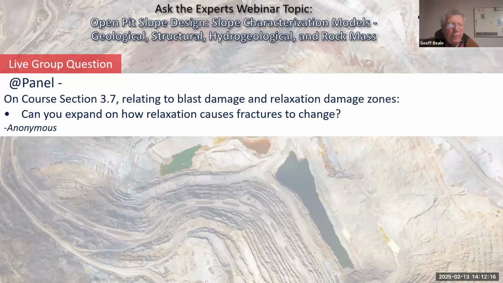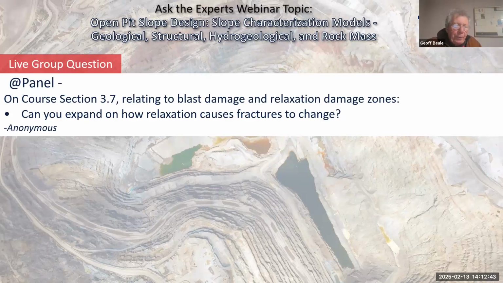Okay, so I think both blast damage and relaxation cause fractures to open and therefore allow passage of water. In terms of blast damage, I think the mechanical breakage can be very variable, and it can usually affect fractures of various orientations.